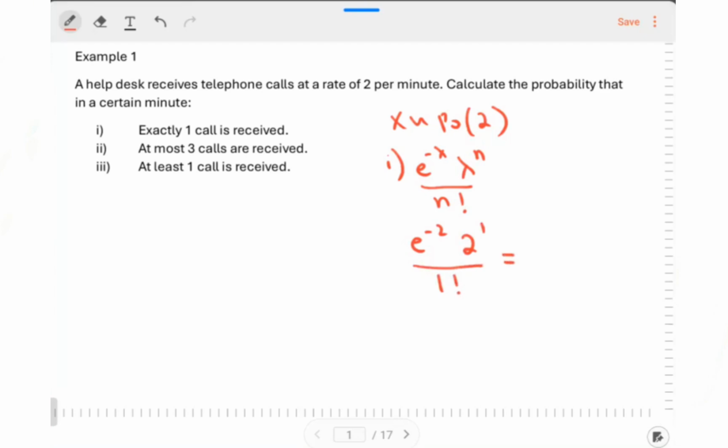Please use the calculator. e to the minus 2 into 2 upon 1 factorial. 0.271, correct to 3 significant figures.